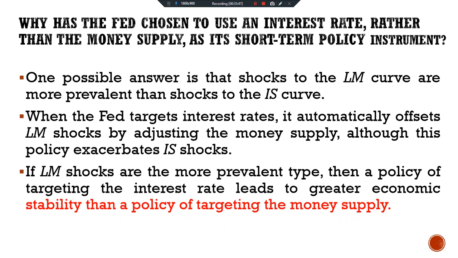One lesson from the IS and LM model is that when a central bank sets the money supply, it determines the equilibrium interest rate. Thus, in some sense, setting the money supply and setting the interest rate are two sides of the same coin.